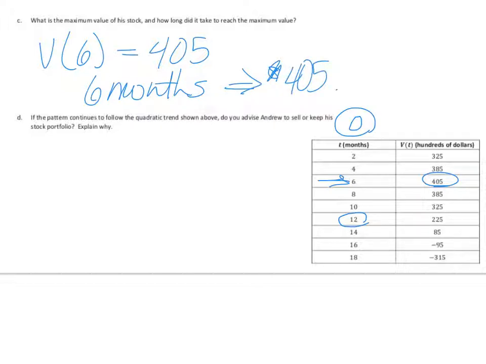If the pattern continues to follow the quadratic trend above, do you advise Andrew to sell or keep his stock portfolio? I don't like losing money, but it looks like if we're at 12 at 225, we're losing. It looks like we're going to keep on losing. We might go back up.